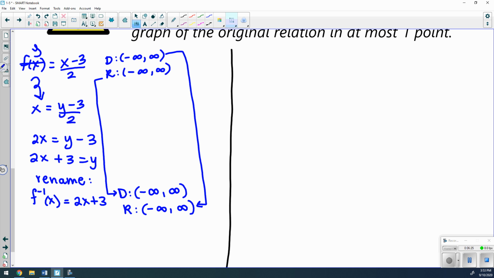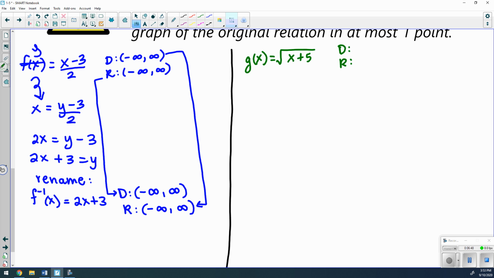Let's take a look at a little bit more exciting of an example. In example B over here on the right-hand side, let's take a look at the function g of x. Let's say that g of x is equal to the square root of x plus 5. Well, before we get going, let's talk domain and range.